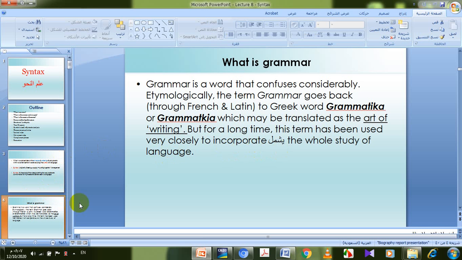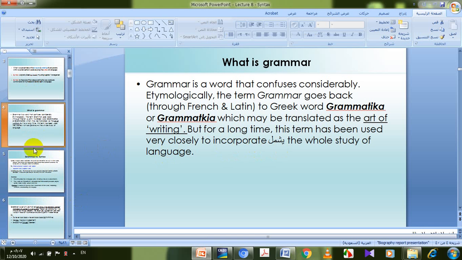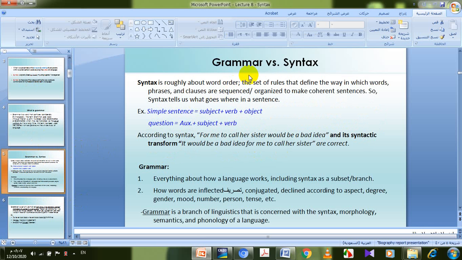Next, grammar versus syntax. Syntax is roughly about word order. It means the organization of words or phrases within a sentence. So this is syntax.